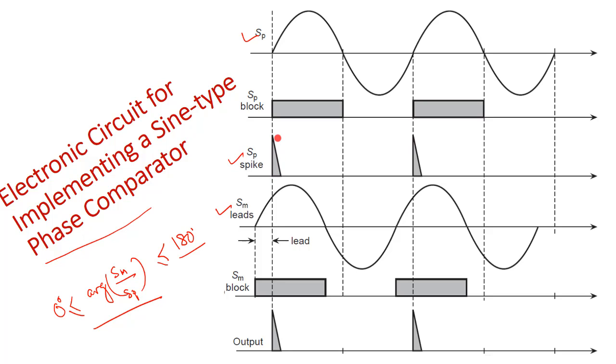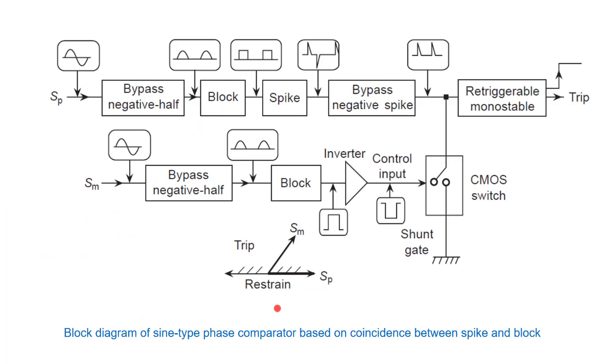Somehow we can create the Sp spike here at the edge of the Sp block, so that when this Sp spike is overlapping the Sm block, here you can see it overlapping, under that condition your output will be a spike, and when it passes through the monostable circuit, it will give a trip signal to the circuit breaker. This is how it works. Let us see how we can implement it.